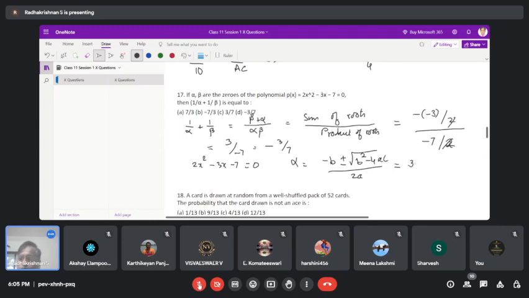That is 3 plus or minus root of b square minus 4ac by 2a.